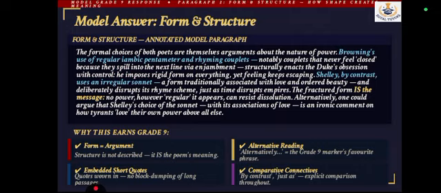Alternatively, one could argue that Shelley's choice of the sonnet, with its association with love, is an ironic comment on how tyrants love their own power above all else. Why does this earn a grade 9? The form is argument, and then we have an embedded short quote, an alternative reading, and a comparative connective.